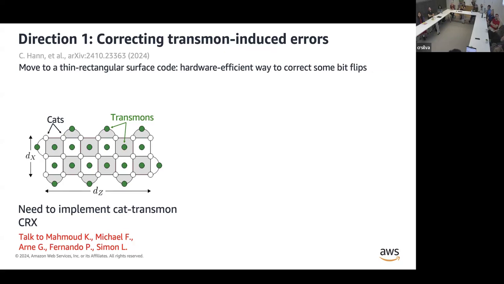So now we want to build a two-dimensional version of the experiment that I showed you, and just have a little bit of dx equals 3, for example, to correct also X errors at the outer layer. And for that we need a new type of gates to implement the surface code here. It's another talk that I gave where people in the team were there.